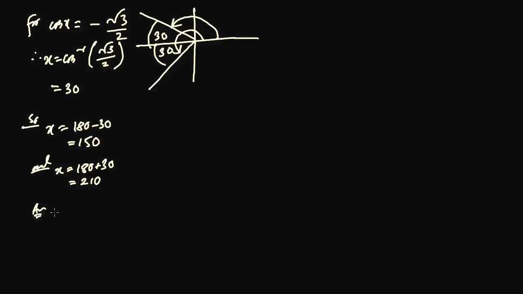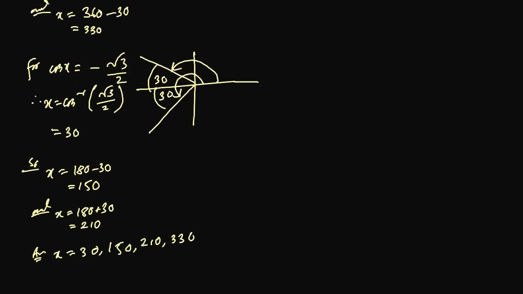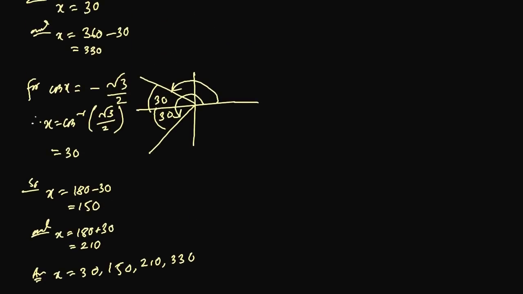Now we can select the answer. So previously we had 30 degree, then now we have 150, then we have 210, and we had 330 degree. All four values fall in 0 to 360 degree. So this is one of the questions where we have a quadratic type of question.